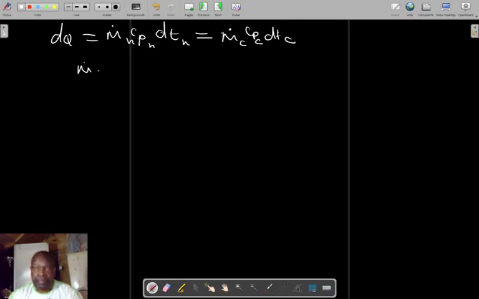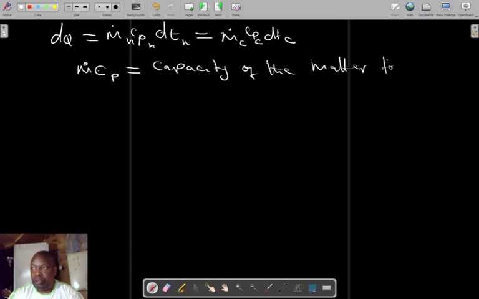Now if you take the mass flow rate of any matter multiplied by the Cp of the same matter, this is what we refer to as the capacitance, the capacity of the matter to store and hence transport heat.